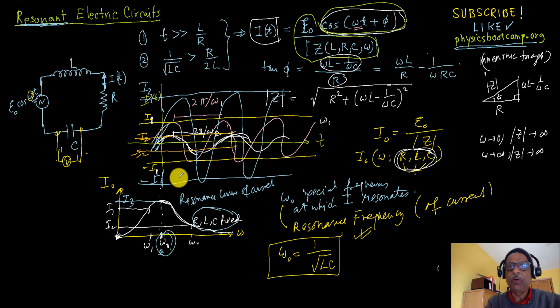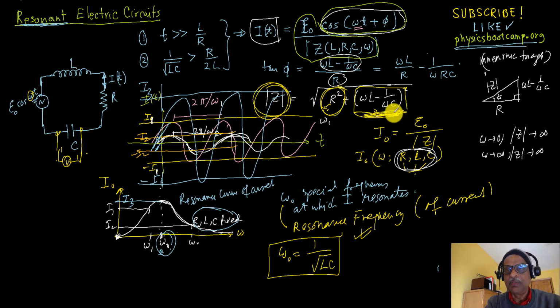We talked about what will happen when current resonates. You can already see here from the Z that the smallest Z will be when this term is 0, because both of them are positive numbers, and this one doesn't depend on frequency.